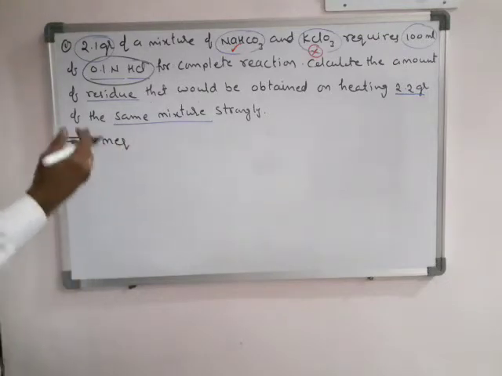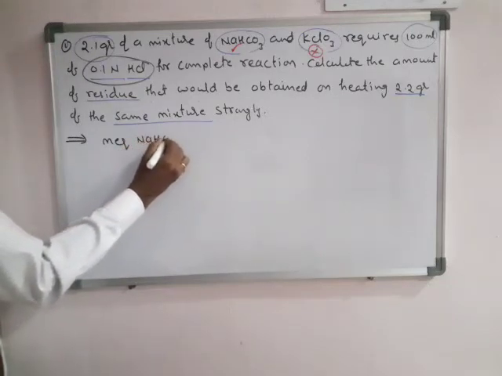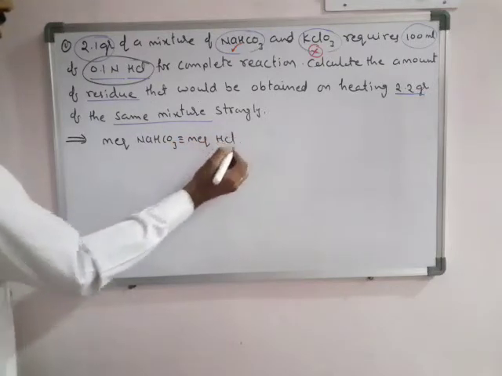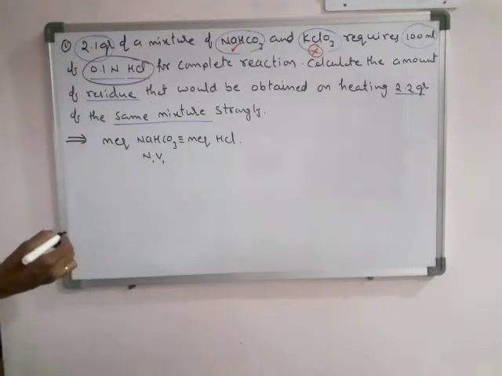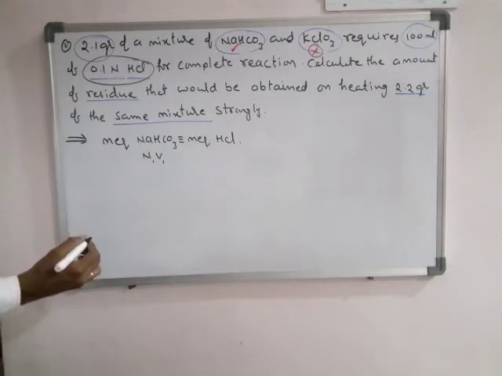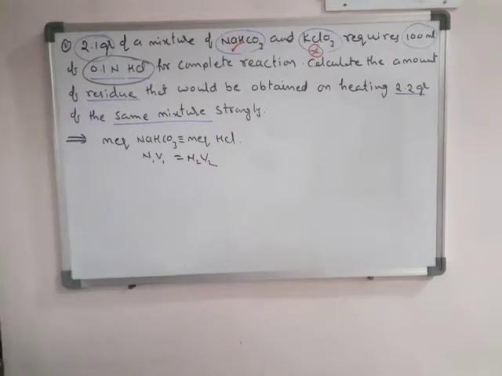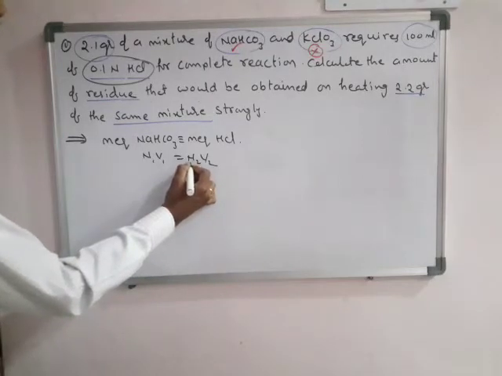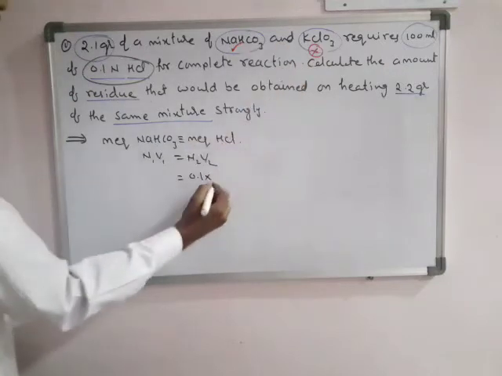milli equivalents of NaHCO3 is exactly equal to the milli equivalents of HCl. That is N1 V1 is equal to N2 V2, and here the normality given is 0.1.